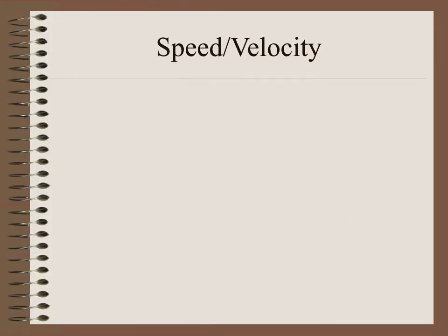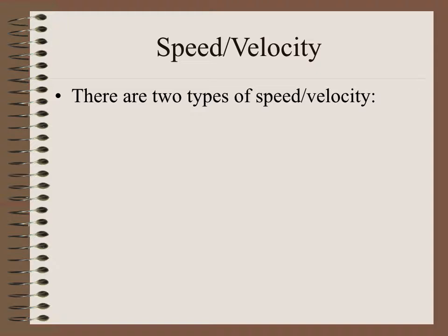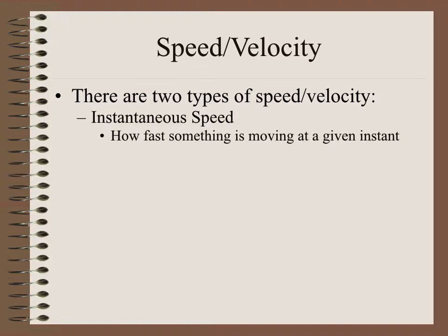There are two types of speed that we need to be concerned about. The first is what we call instantaneous speed, which is how fast something is moving at a given instant. So for example, if you're driving your car, the speedometer is telling you the rate at which your distance is changing at that instant.